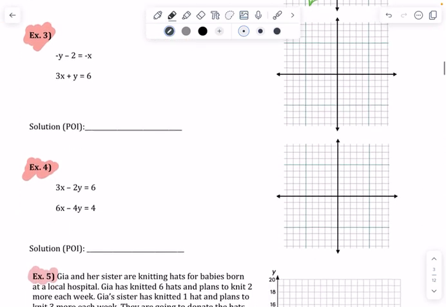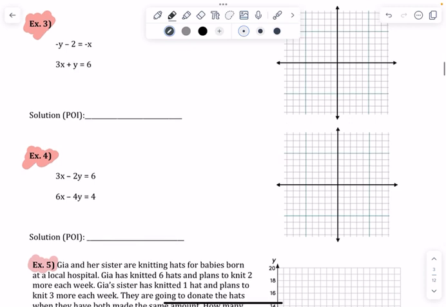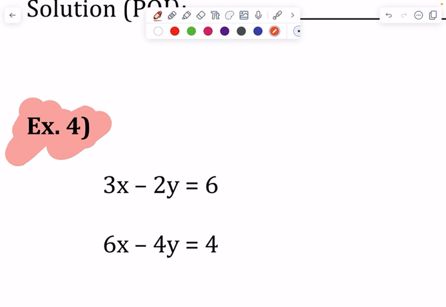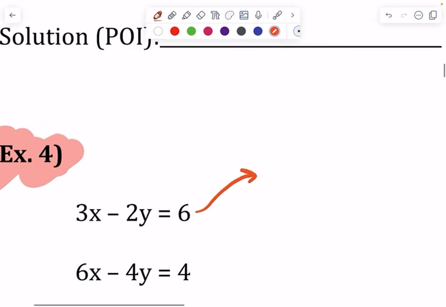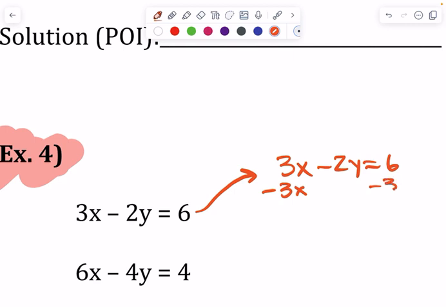So let's look at example 4. So same thing, we have to solve these for your y also. So I'm just going to rewrite them. So 3x minus 2y equals 6. So let's move your x term to the other side.